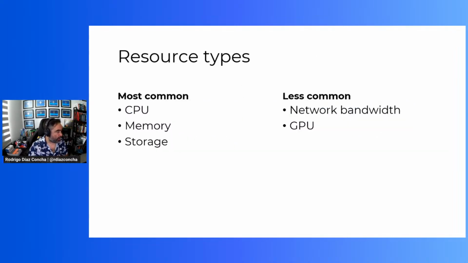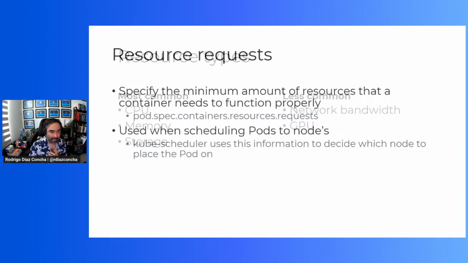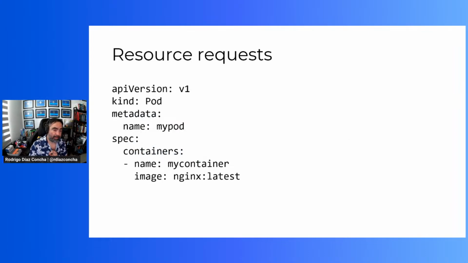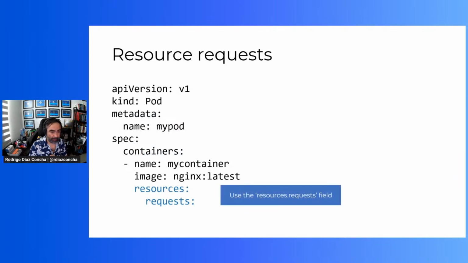Okay, so what are those resource types? The most common ones are CPU or memory or storage, and some others such as network bandwidth. So you create resource requests, or you can create resource limits, right?